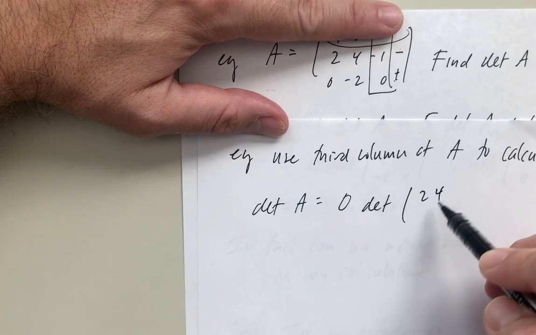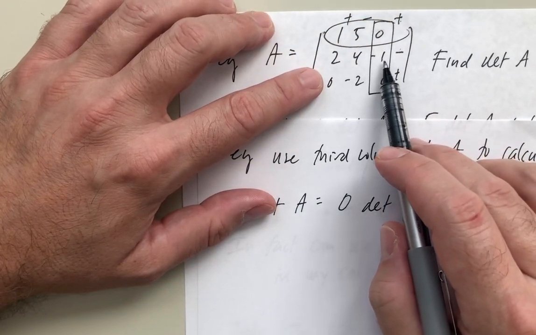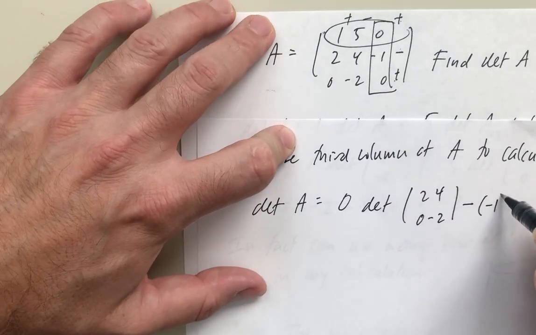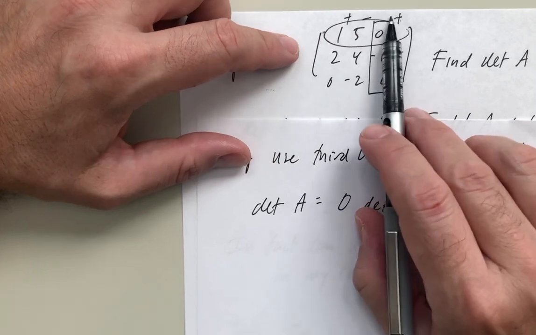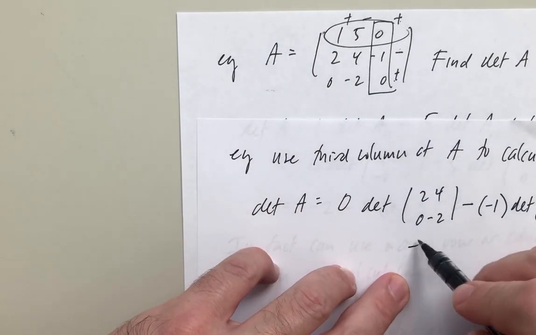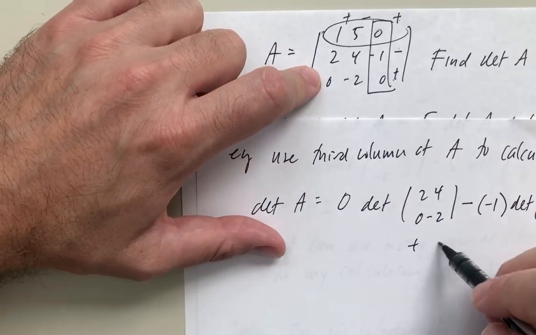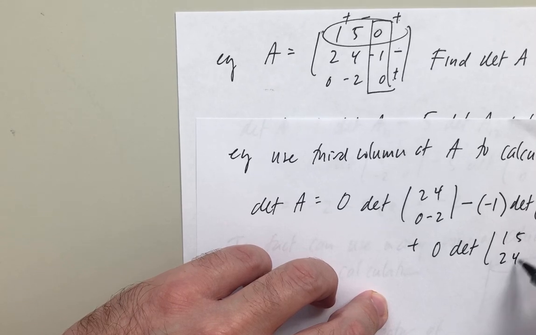So this would be 2, 4, 0, minus 2. Of course, I don't care. And then I'm going down, I see a minus sign here. So that'll be minus times minus 1 times the det of what happens when I remove the second row, third column. So 1, 5, 0, minus 2. And then this would be plus 0 times, well, I don't care, but it would be the det of 1, 5, 2, 4.